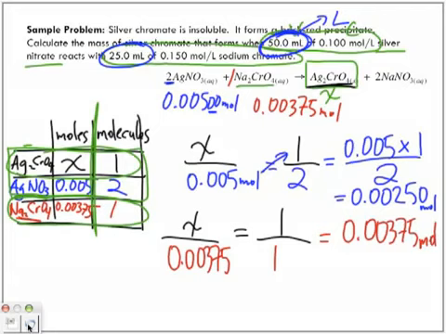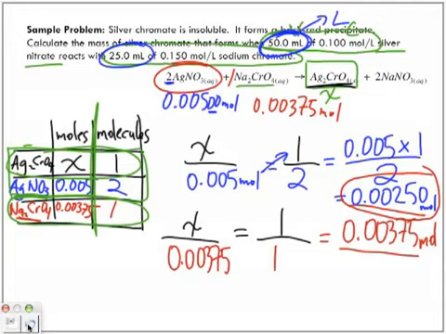Between this and this, the one with the lower number of moles that we're going to create will be our limiting reagent, or limiting reactant. So this is our lower number of moles, and that was achieved from the silver nitrate.